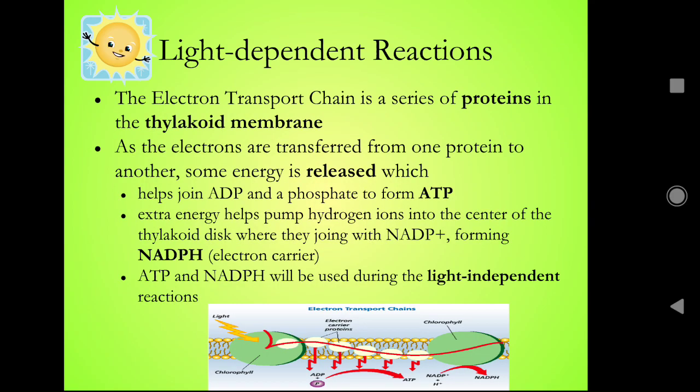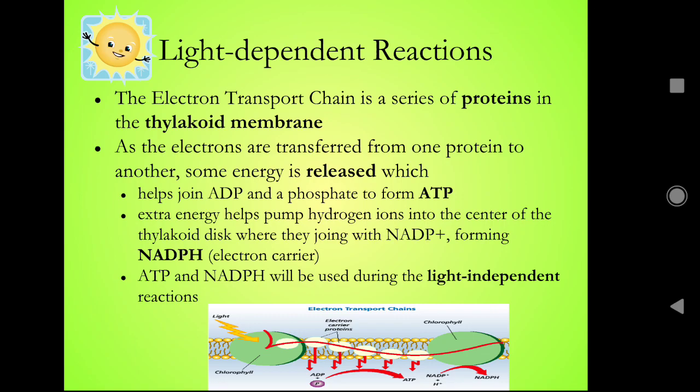So to talk a little bit about the LDRs, you have to understand the importance of the electron transport chain. Residing in the thylakoid membrane, ADP, which is adenosine diphosphate, needs to become ATP. And NADP+ needs to become NADPH. And the way this works is that ADP is adenosine diphosphate. It needs to receive a third phosphate group, which is adenosine triphosphate.